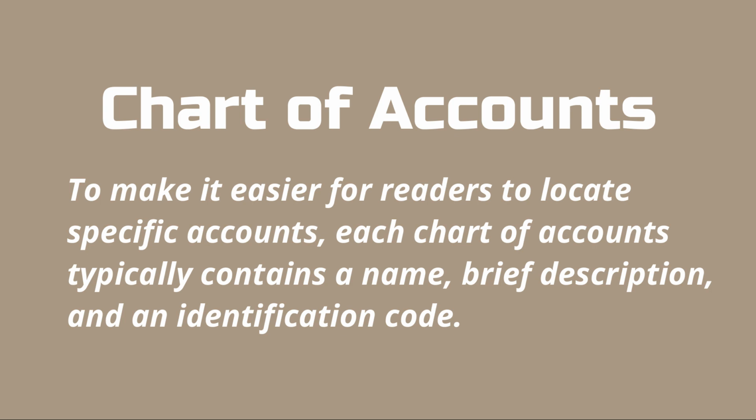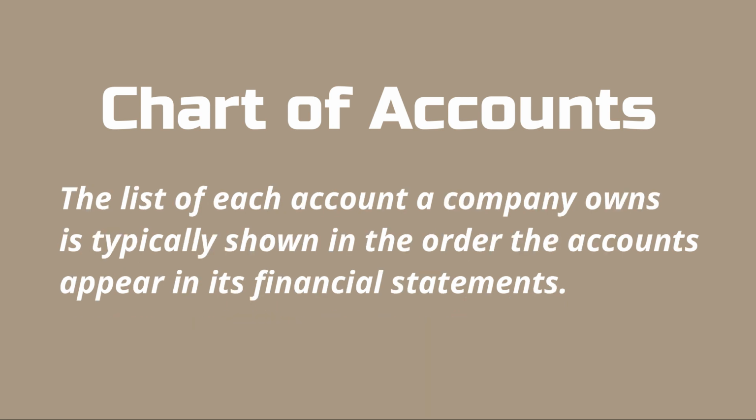To make it easier for readers to locate specific accounts, each chart of accounts typically contains a name, brief description, and an identification code. The list of each account a company owns is typically shown in the order the accounts appear in its financial statements.